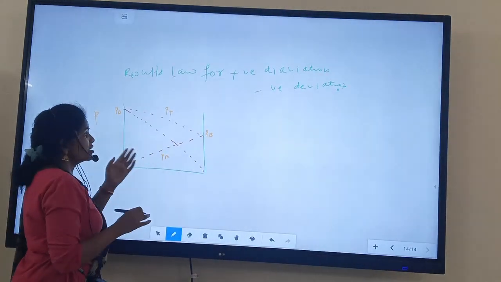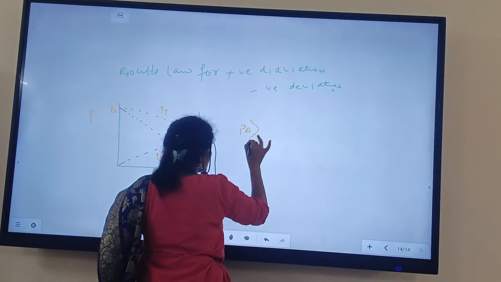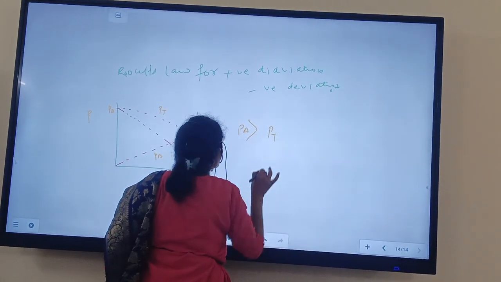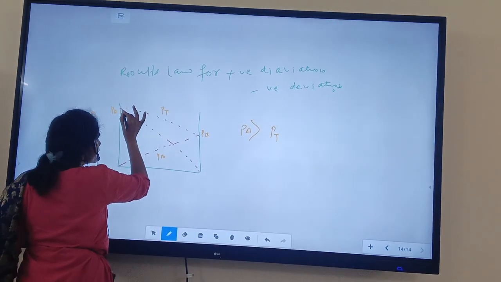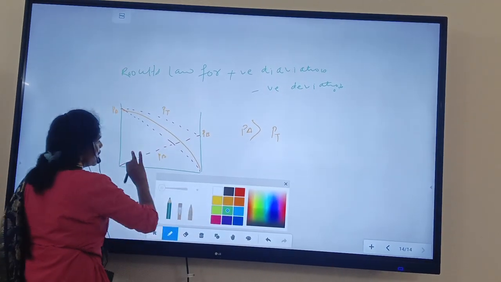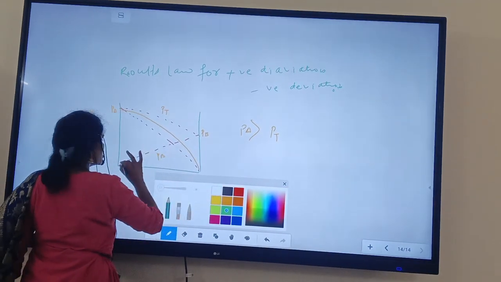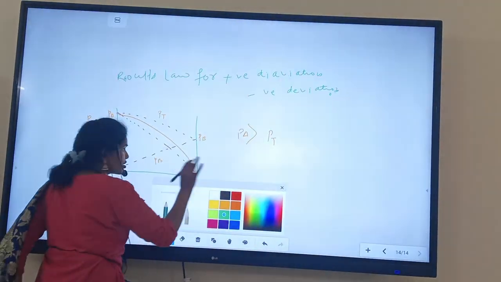But when the pressure of the component is greater than the ideal one, then what happens? Okay, PA will be from here and PB will also be greater due to pressure. Means the pure form pressure is greater than the normal form.